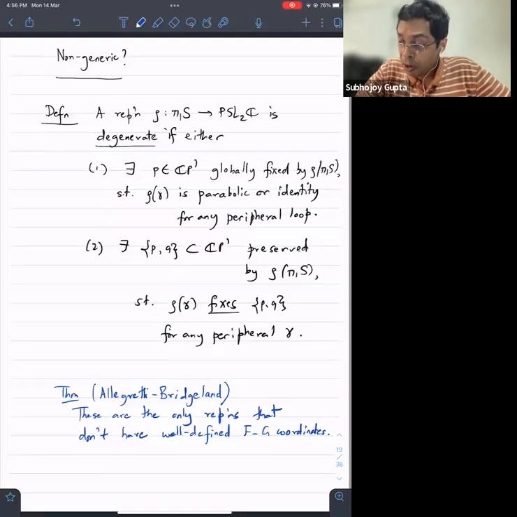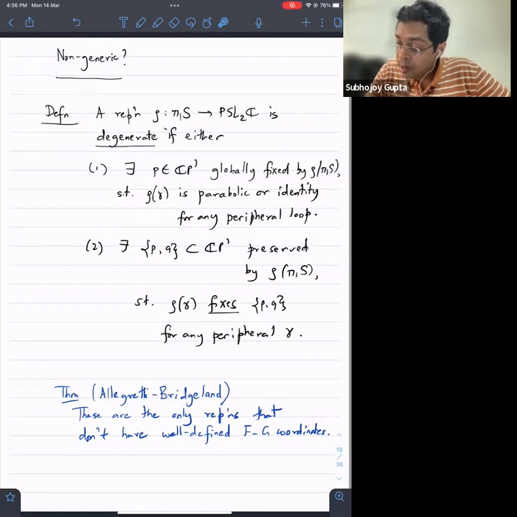This is a notion for a punctured surface group where, so these will be elementary, there will be either a global fixed point on CP1 or 2 points preserved by the image of the representation.